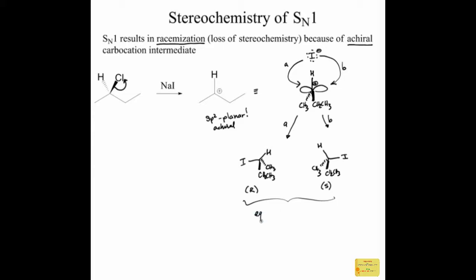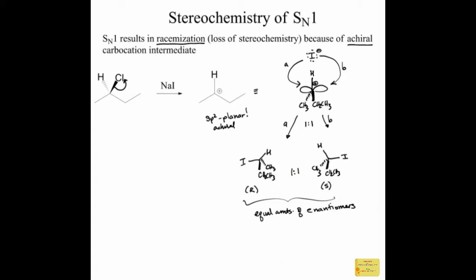And we're going to get equal amounts of enantiomers because the likelihood of the iodide attacking one face or the other face is statistically equivalent. So we're going to get a 1-to-1 ratio of the two possible approaches, a 1-to-1 mixture of our two products.